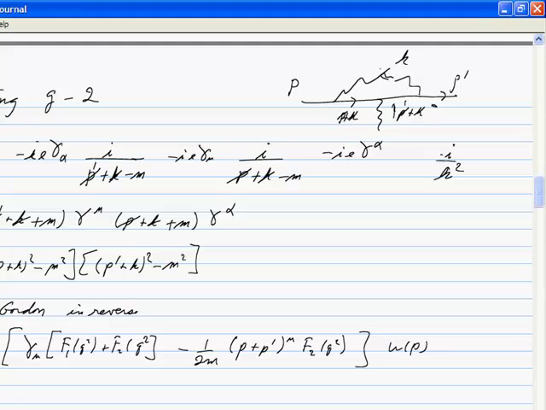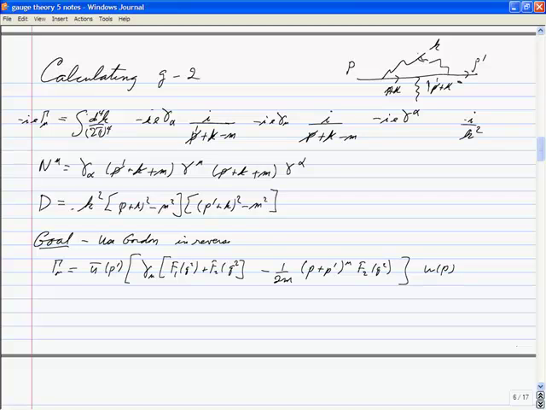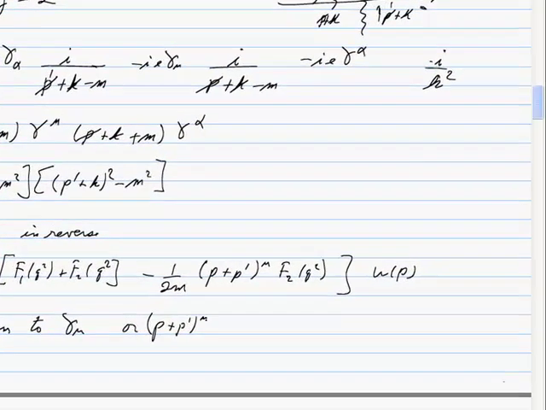Okay, so I wanted to get rid of sigma mu nu. And now I'm going to reduce every term to either gamma mu or P plus P prime. So reduce everything. Gamma mu or P plus P prime.